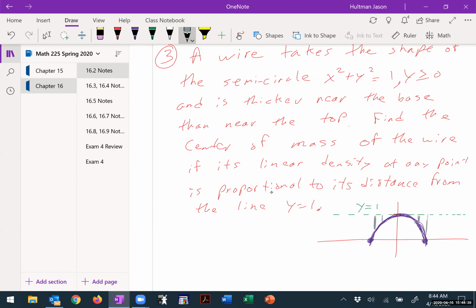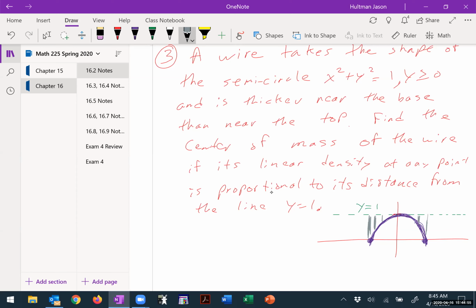Now, we're going to use a line integral here because we're trying to find the center of mass of this wire. This wire acts like a curve. The wire does not act like an area.